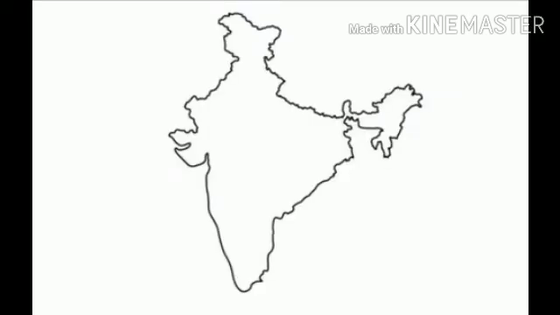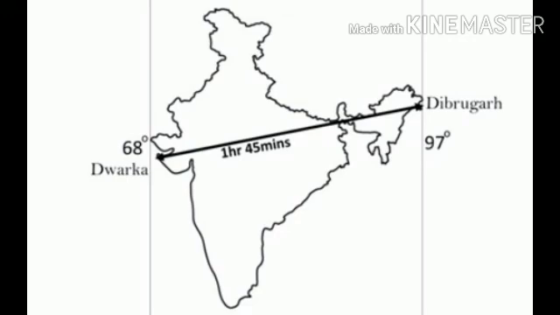For example, it will be difficult to prepare a timetable for trains which cross several longitudes in India. For instance, there will be a difference of about 1 hour and 45 minutes in the local times of Dwaraka in Gujarat and Dibrugarh in Assam.